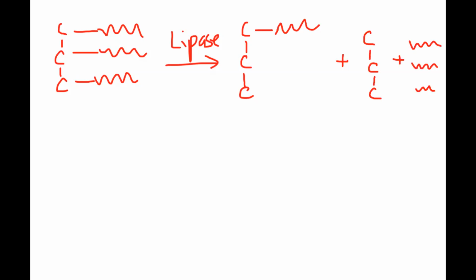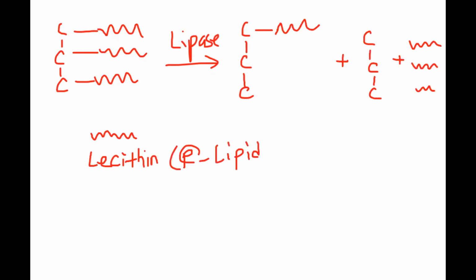So if you have the fatty acid right here, and also there's some phospholipid in your system, called lecithin. These are the phospholipids we have in our small intestine, from food digestion.